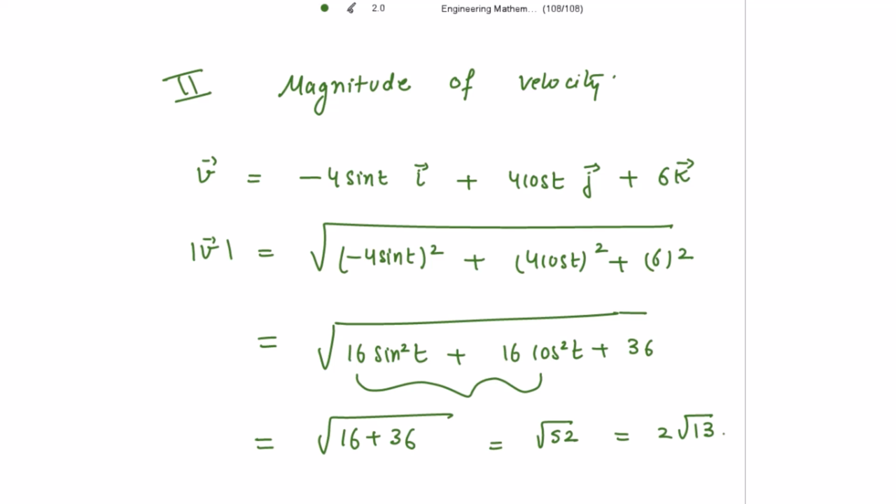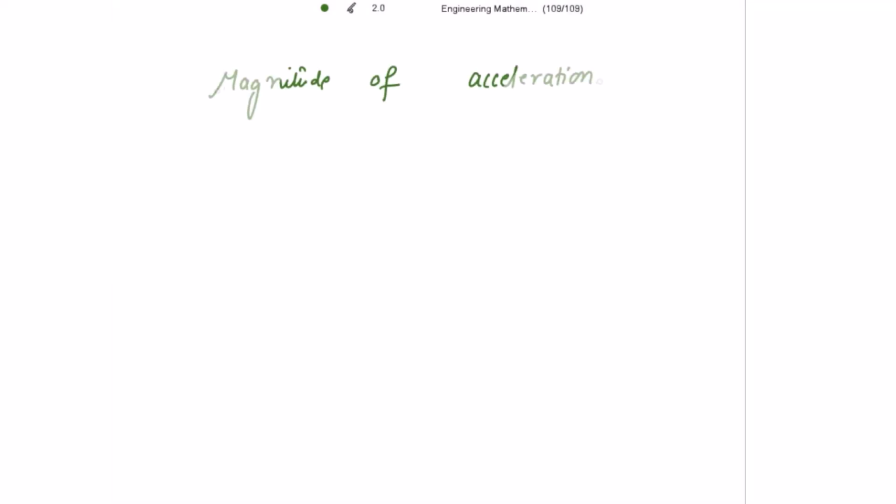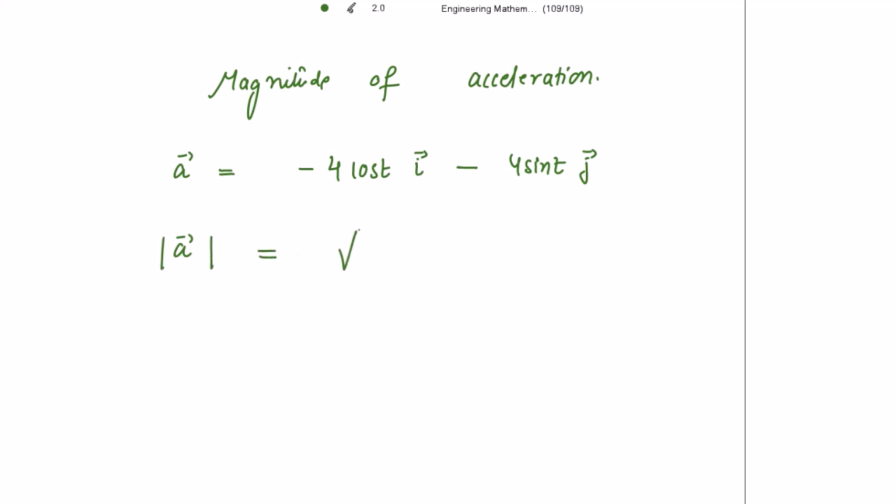And now we need to find the magnitude of the acceleration. At any time t, the acceleration is, we have found this to be minus 4 cos of t i vector minus 4 sine of t j vector, right? And now finding the magnitude of this acceleration, that is equal to the square root of the sum of the squares of its components, 4 cos t whole square plus 4 sine t whole square.